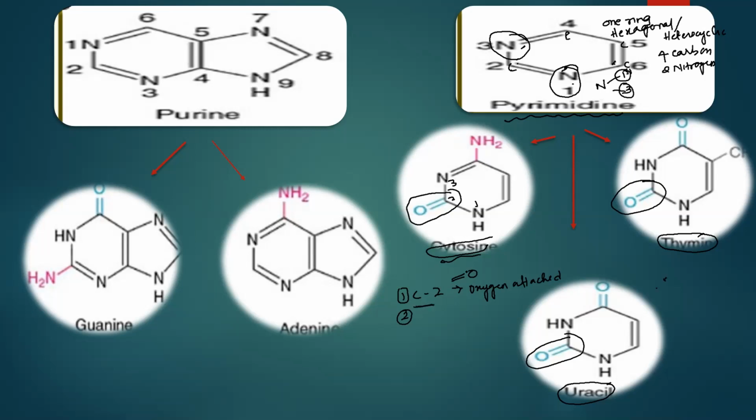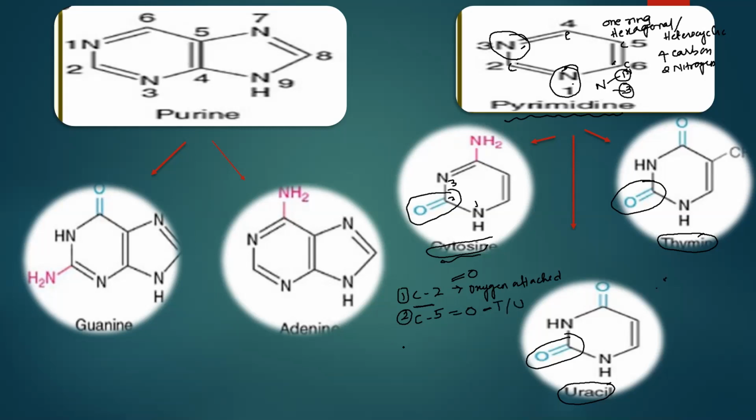They differ at the C5 carbon atom, where a group is present in uracil and thymine, right? So just remember it as thymine and uracil.